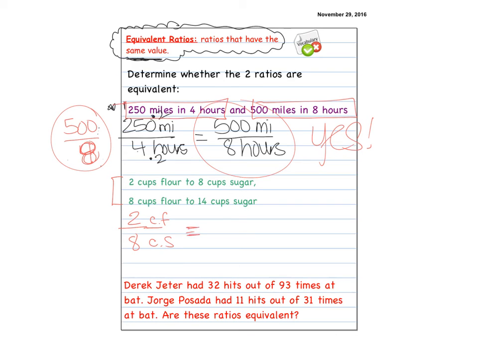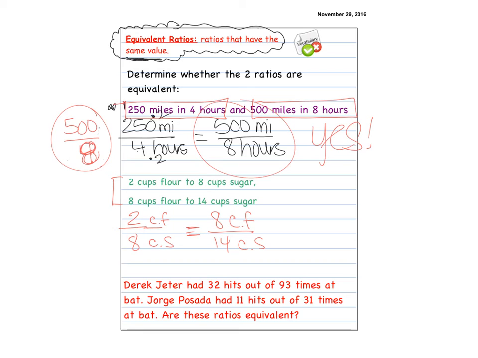For now, we're going to write an equal sign just until we check to see. And then 8 cups flour over 14 cups sugar. I can see that 8 cannot go into 14 evenly, and that's really what we need to do to figure out if they're equivalent or not.